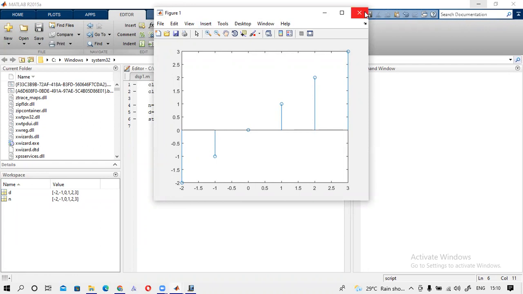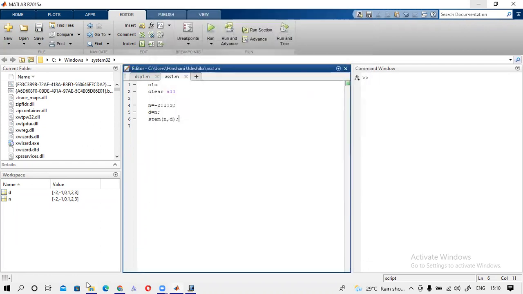The problem is that if I directly equate d to n, then d is calculated by putting this n value in place of n, so for d also we will get the same value. That is the problem. So we can't do it like this.